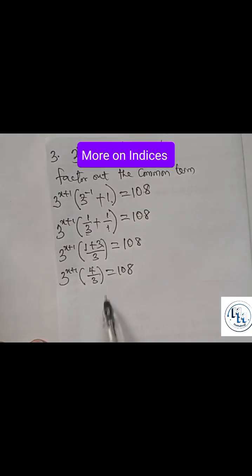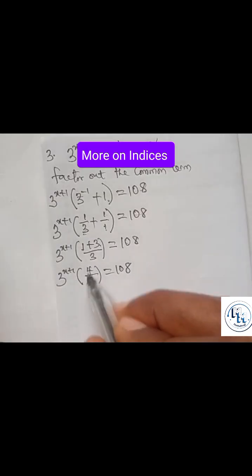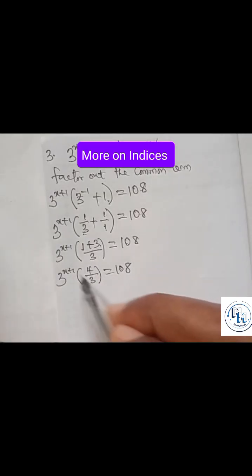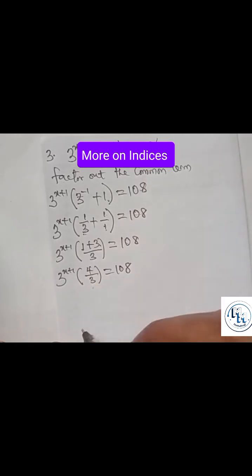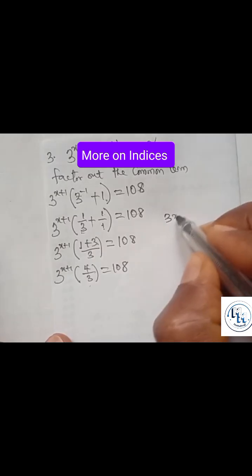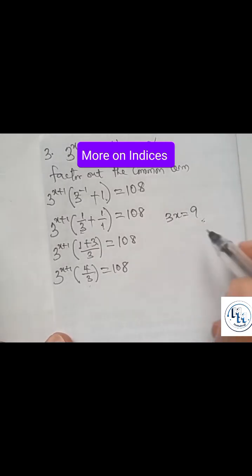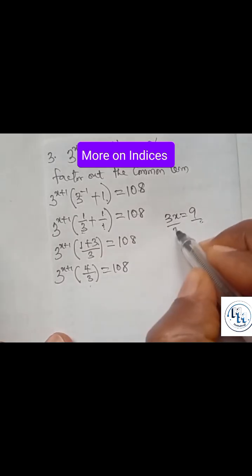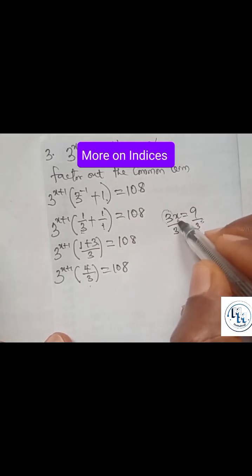Now at this point, we're going to multiply both sides by 3/4, like we did in the first one. We assume that this 4/3 is more like the coefficient of this particular quantity here. Let me remind you of something again. This time I wrote 3x is equal to 9, and I want to find the value of x. I will divide both sides by 3, which is the coefficient of this x here.